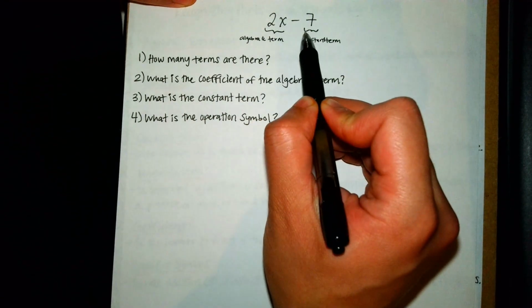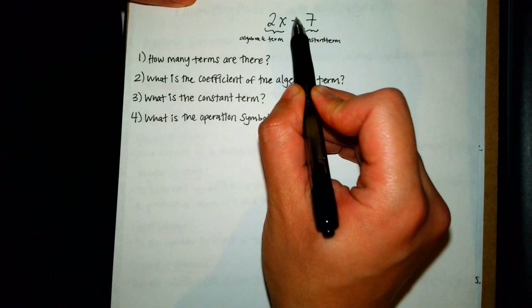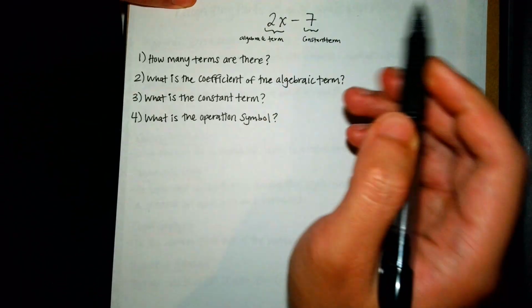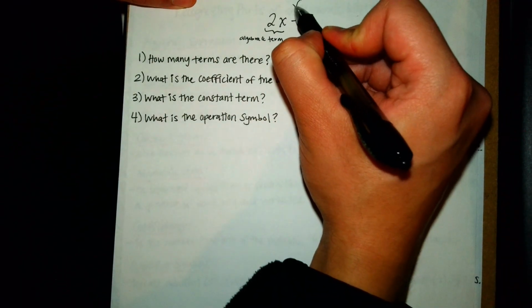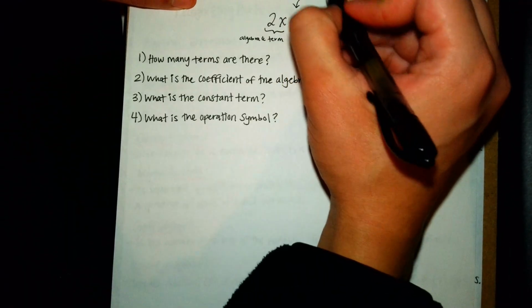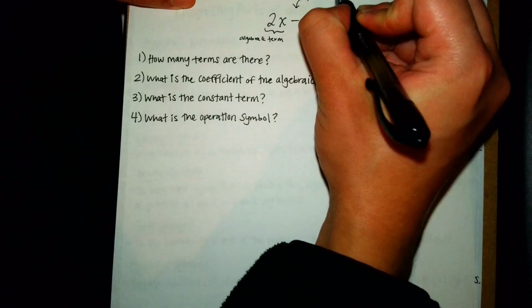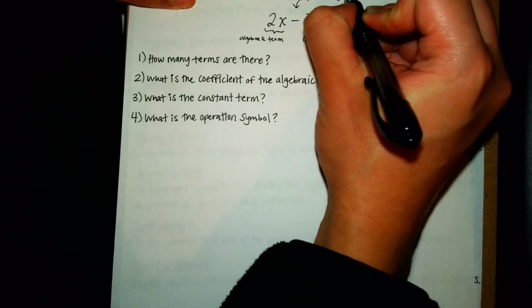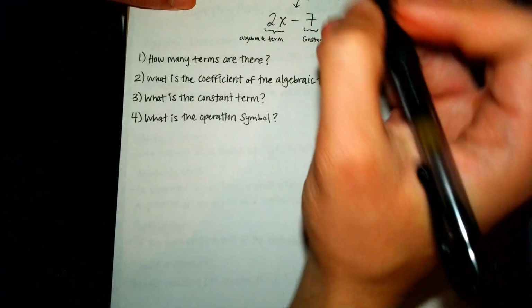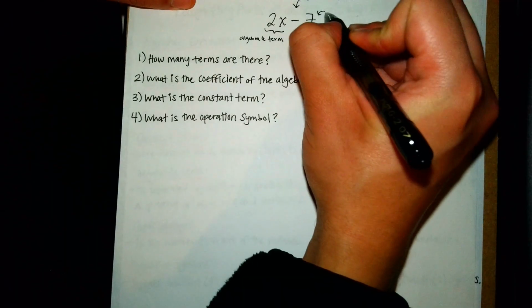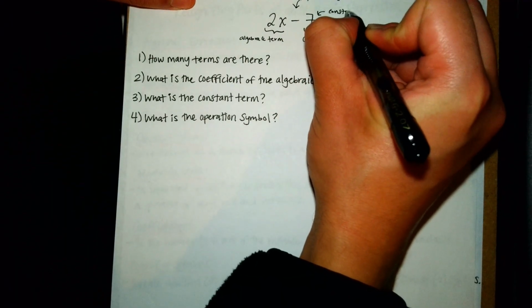These two are terms because they're separated by a subtraction sign. Okay? This subtraction sign is called an operation symbol. 7 is a constant.